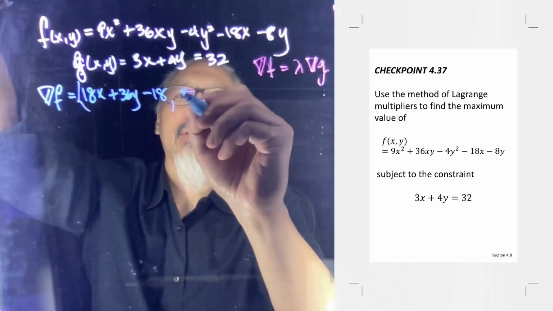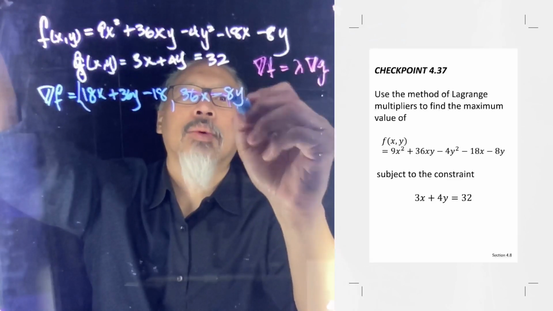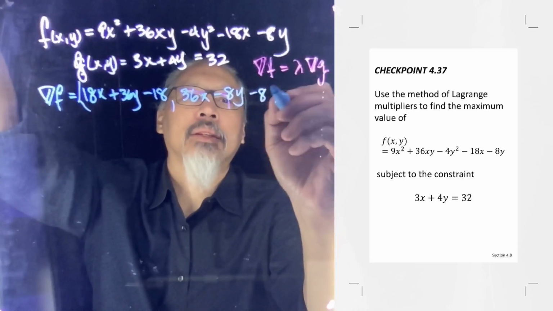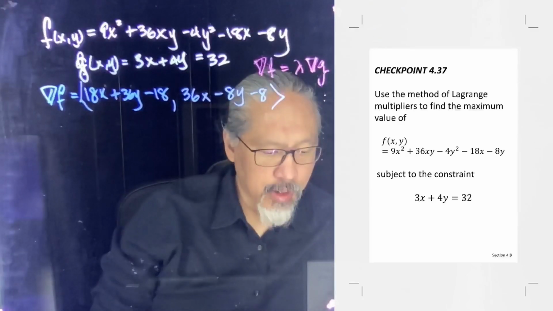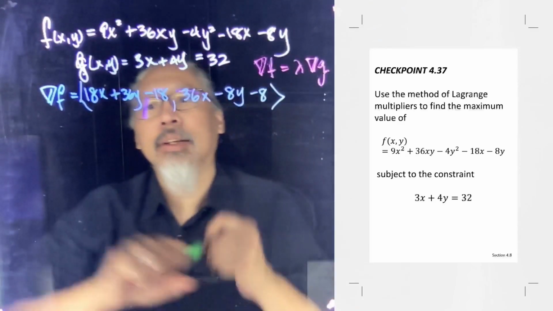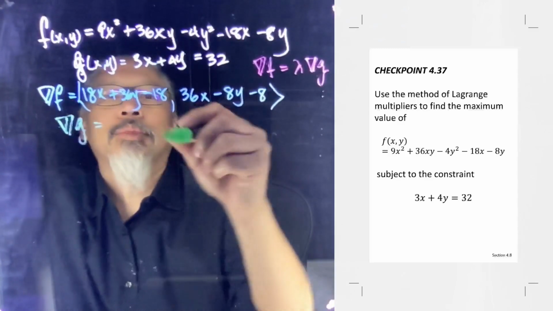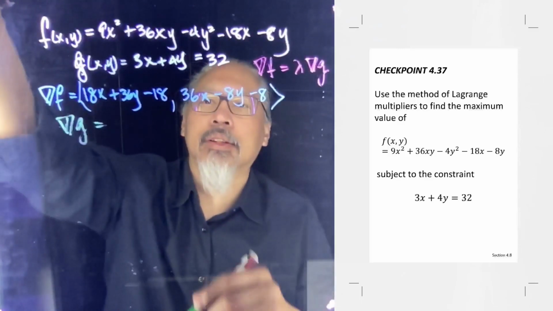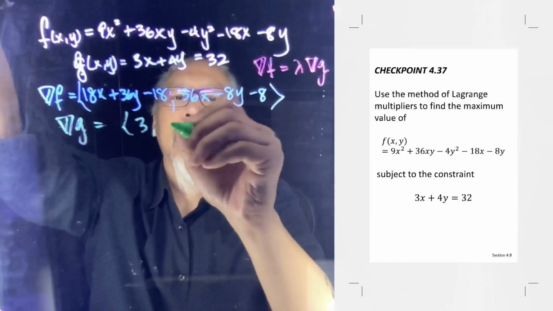So we'll start off with a 36x minus 8y minus 8. So that is your gradient with f, and the gradient with g is quite simple because it's just linear. So this is going to be 3 and 4.